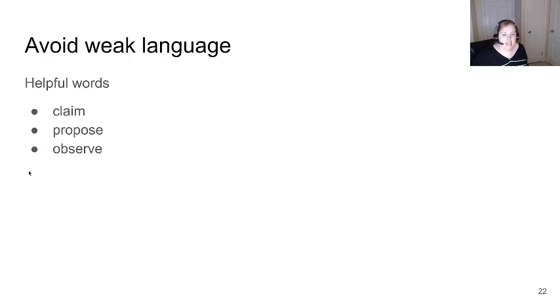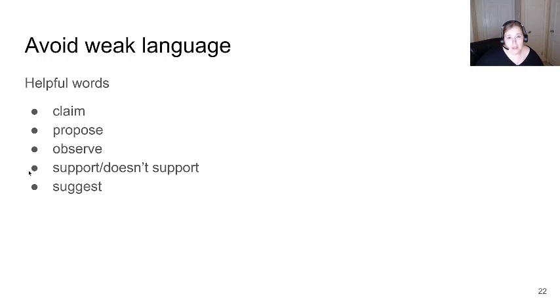Here's a couple I just gave you, plus his findings support, his findings don't support, his findings suggest, which is weaker and a little bit more tentative. Suggest is very important because sometimes findings show something, but we don't want to say that we know something for sure, because you need to study and study something for us to be truly convinced by it, right?